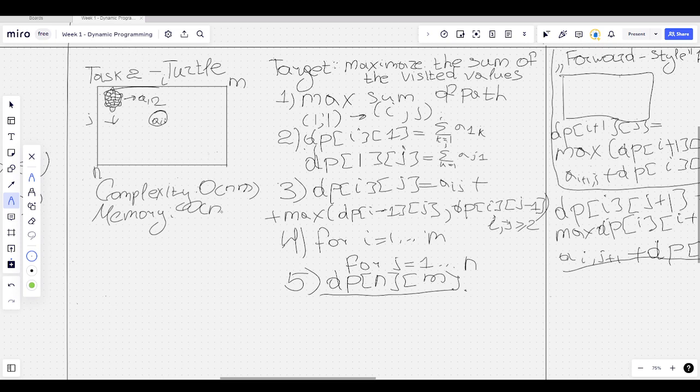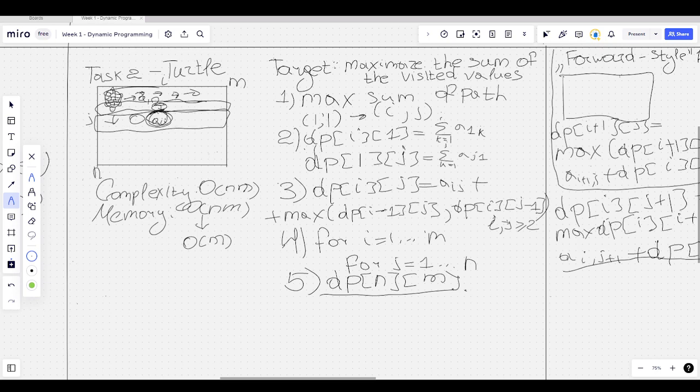It also can be improved to O(m), because if the turtle moves like this, and suppose the turtle is located in this cell, we need to know this answer and this answer, and it means we need to contain only this and this array.